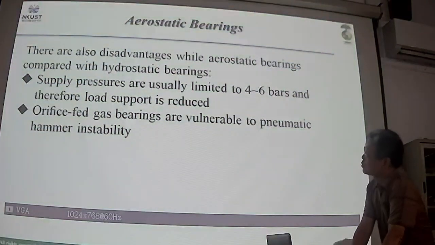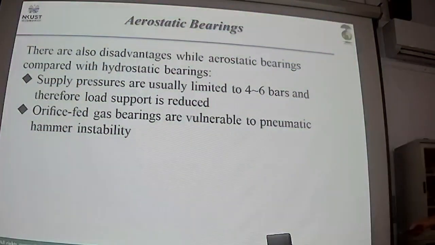So usually the traditional air bearing operates with a supply pressure of 4 to 6 bar maximum. If you supply air higher than 6 bar, you will encounter the problem of pneumatic hammer instability most of the time.